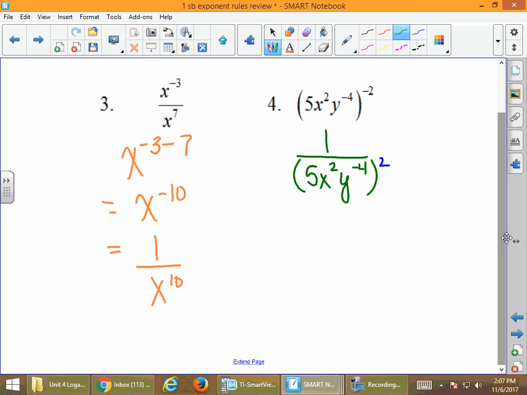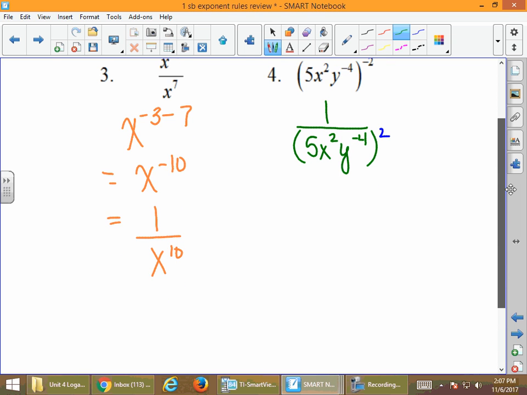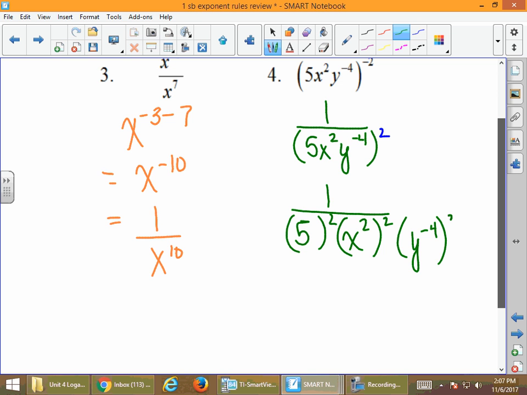Well, once we get it in the right format, then once again, what that means is what's inside the parentheses gets raised to what's outside the parentheses. So this is 1, and then this is going to be 5 squared, and x squared squared, and y to the negative 4th squared.